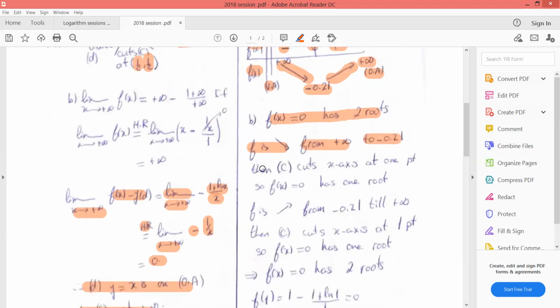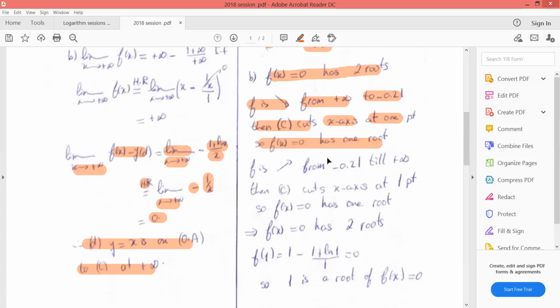Then C cuts the x-axis at one point, so f(x) equals 0 has one root. f also is increasing from minus 0.21 to plus infinity, so C cuts the x-axis at one point. So in all, f(x) equals 0 admits two roots.